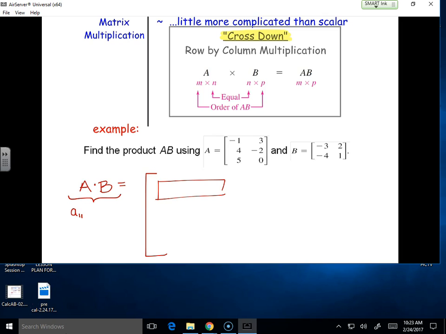Now, let me go ahead and actually name this C because we have A's and we have B's. We'll say C11. It's going to equal A11 times B11 plus A12 times B12. And this is all for this little guy right there.